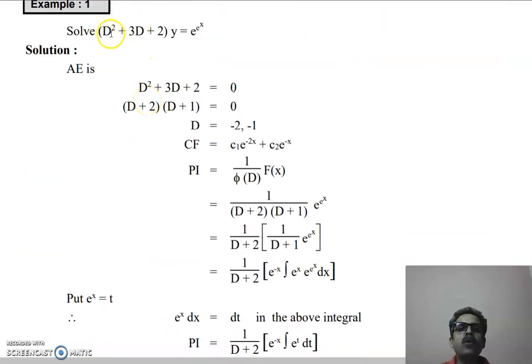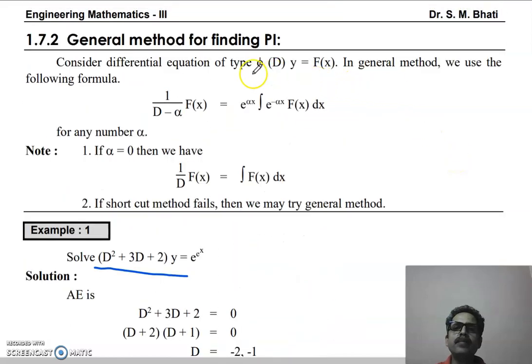This is the first example now. D square plus 3D plus 2 y equal e raised to x. Now you can see that this differential equation has this type. If you compare these two, you can get the value of phi(D).